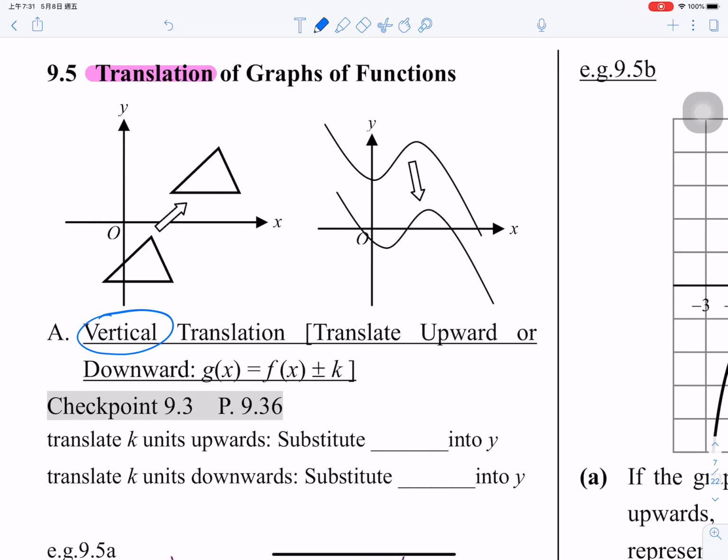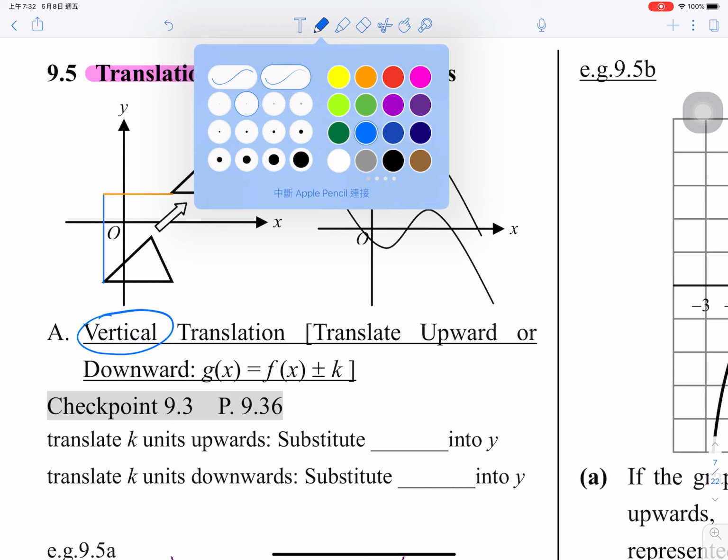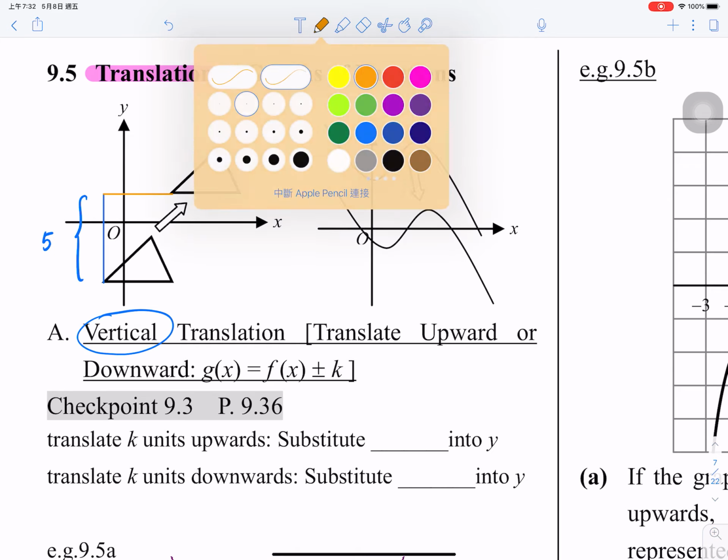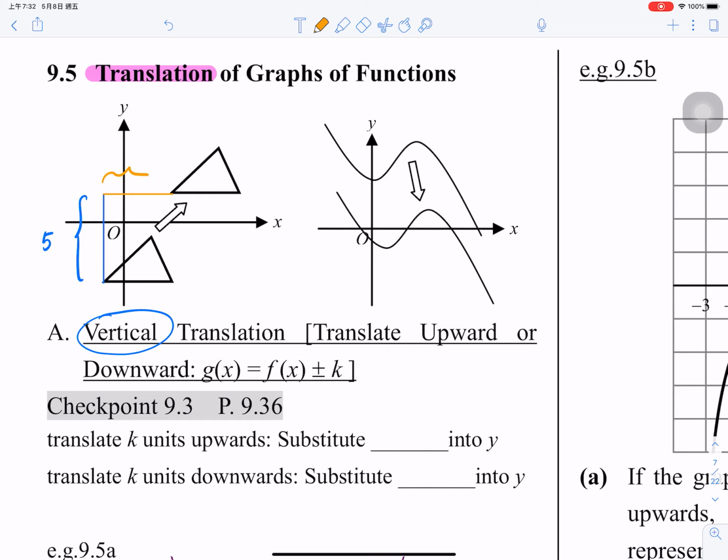Actually, you can think of it as translate upward, and then translate to the right. That means translate certain units upward. For example, here translate 5 units upward, and then translate 4 units to the right, like this.